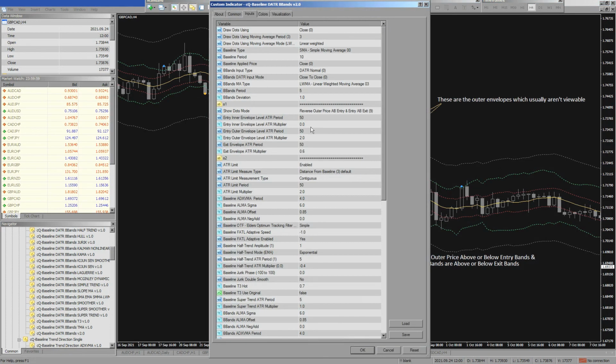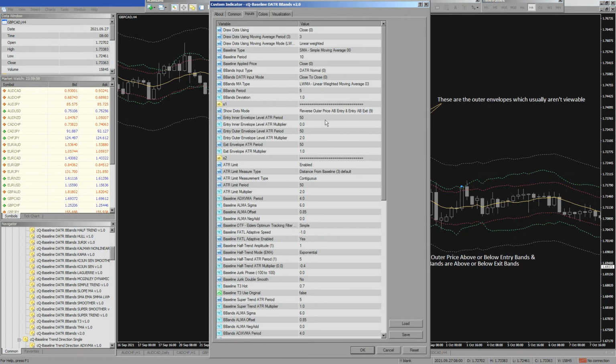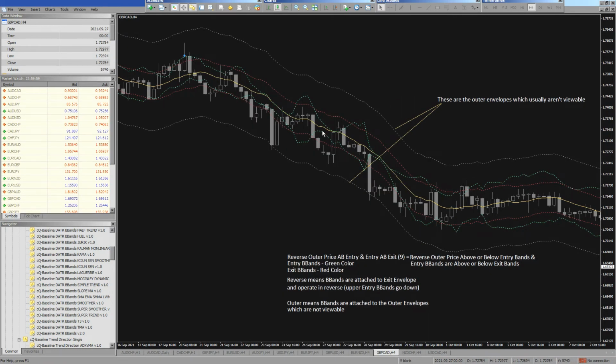And if you wanted to, say, reduce the number of possible entry points, you could raise that. Again, it's using these outer bands, which you don't see. These entry B bands are anchored to this outer band. That's what happens when you see an outer word there. So they're, again, pushing down. And if you wanted to have more, you would raise this to, say, 1.5. But you see it's pushing it closer to the baseline.